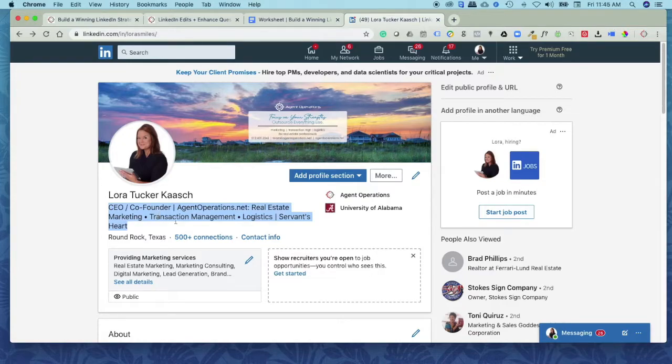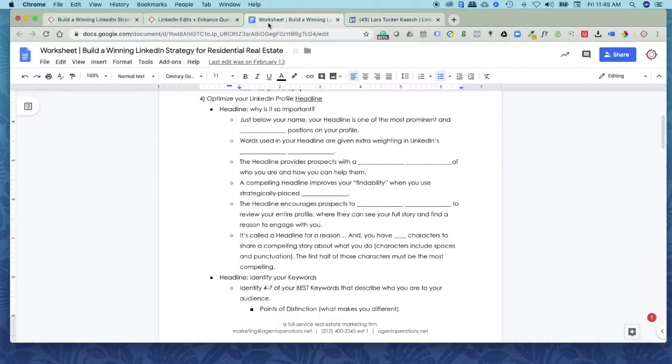Transaction management, we do transaction management here in Central Texas. We do logistics in Central Texas as well, which is sign and lockbox installation. But I also want on there a piece about faith and a servant's heart, because I do believe in that. Giving to others is one of the most important things to me. But this headline is really, really important because, again, it does trigger LinkedIn's search engine.